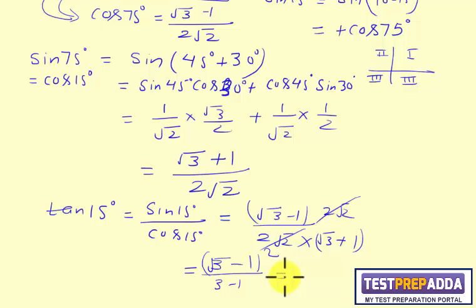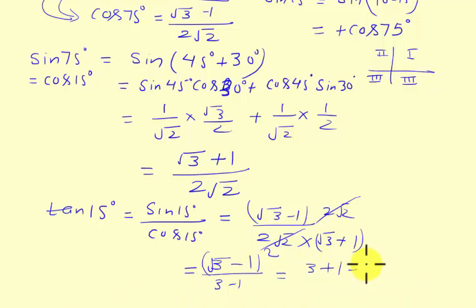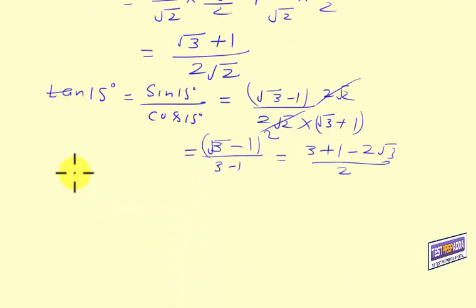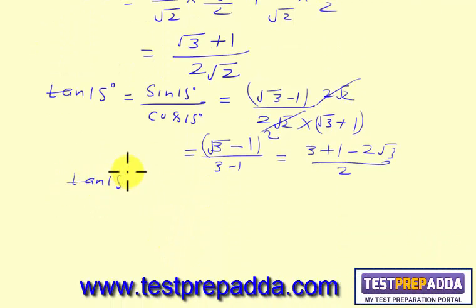And if you solve this, it comes 3 plus 1 minus 2 root 3 upon 2. So, at the end, tan 15 degree will come as 2 minus root 3.